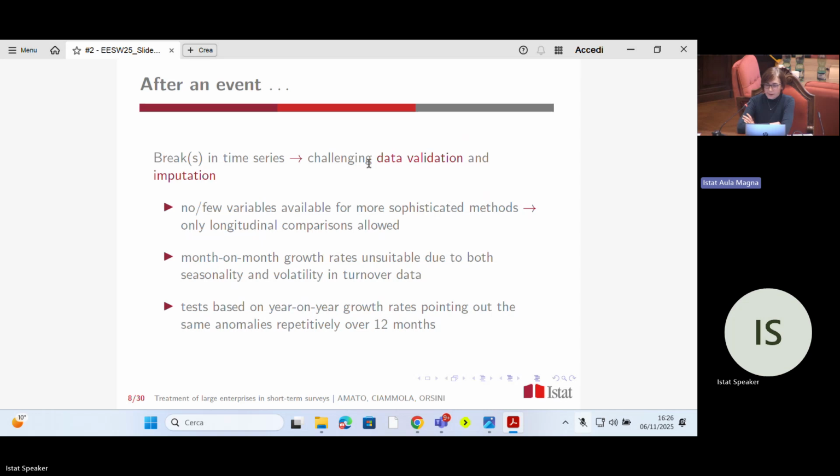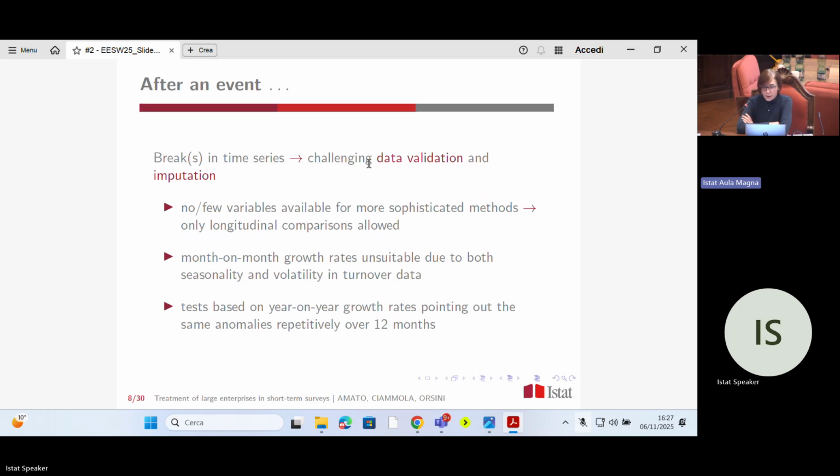make data validation and imputation very challenging. The problem in short-term statistics is that no auxiliary variables are available for using more sophisticated methods, so only temporal information can be used. So we can use for data validation or imputation month-on-month growth rates or year-on-year growth rates.